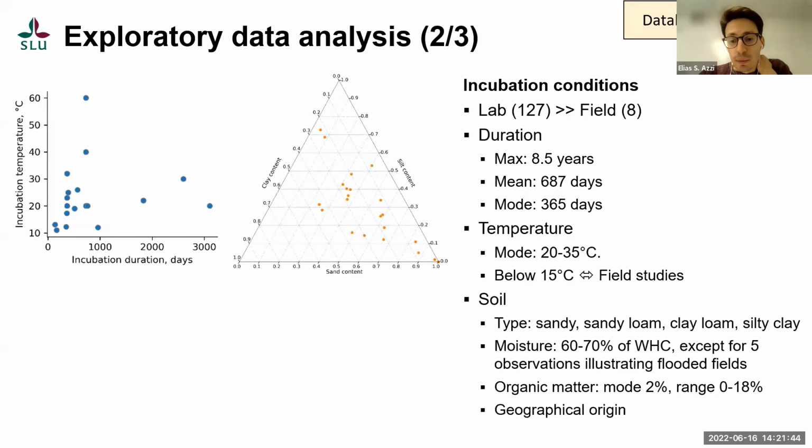Soil types, we have quite different types of soils covered here in the data, but I want to highlight the fact that the moisture in the soil is usually kept constant, around 60 to 70% of the water holding capacity. But we also have 5 observations that are modeling flooded conditions, so with 100% moisture there.